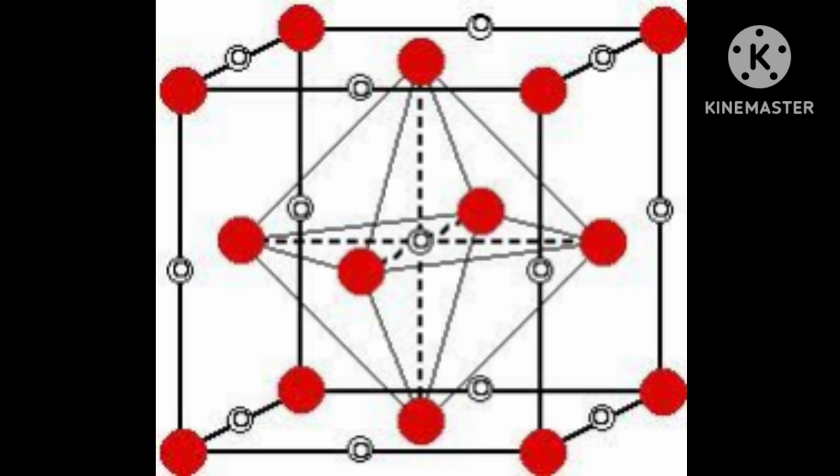Now count how many sides there are. In the beginning 2, in the middle again 2, and in the last 2, so total 6 sides. And again from the upside you count: 2, again in the middle 2, and in the last 2.